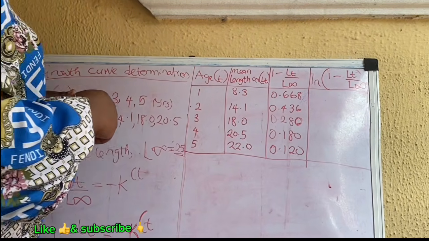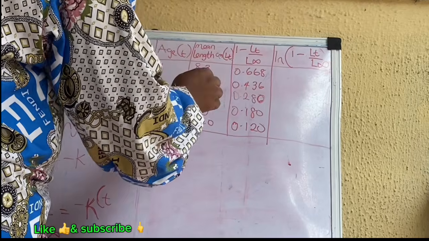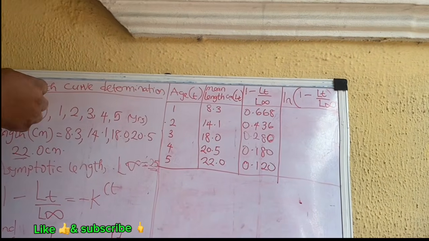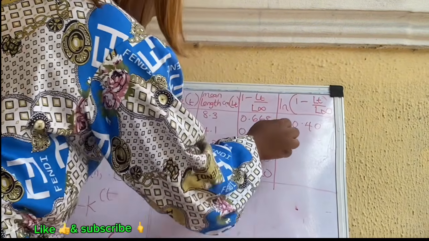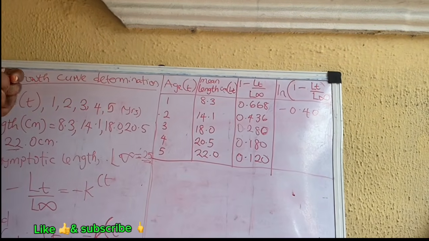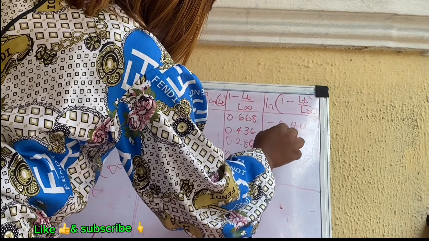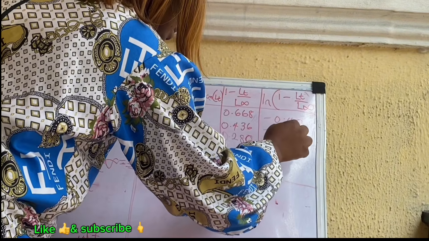Now what you do is take the ln of these values. The ln of 0.668 gives you minus 0.40. The ln of 0.436 gives minus 0.83.